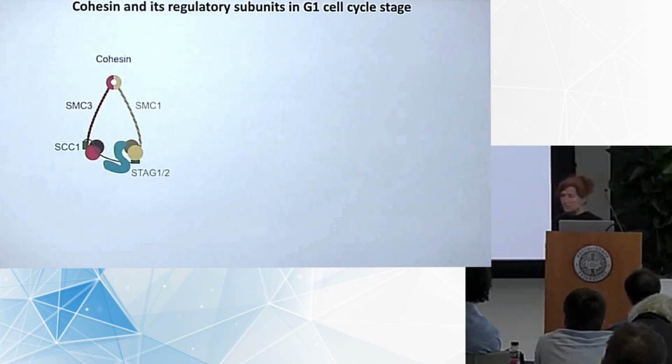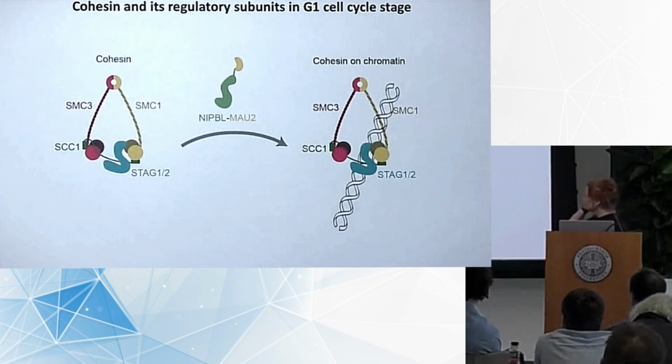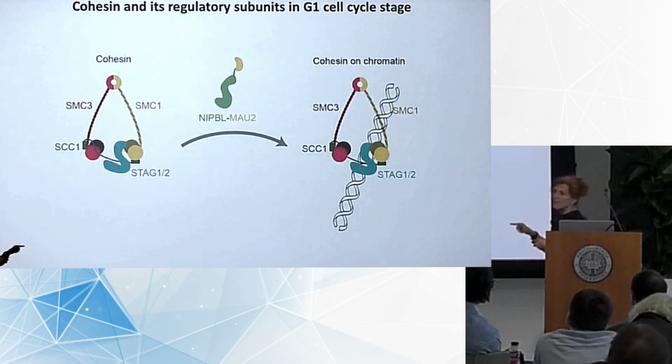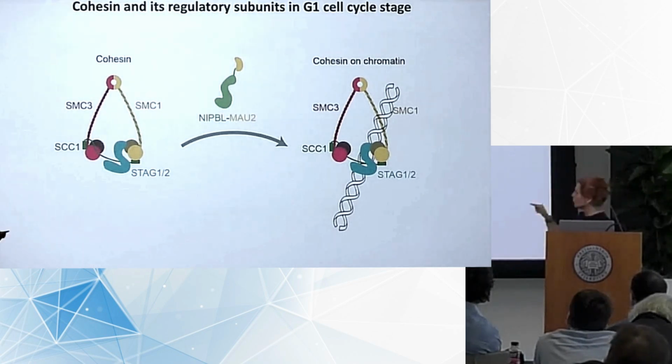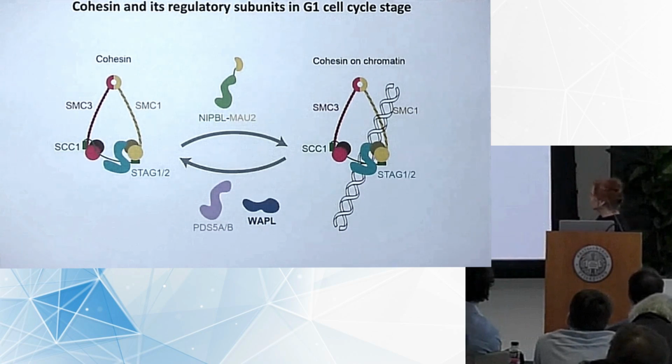Cohesin is a multi-subunit complex composed of SCC1, SMC3, SMC1, and STAG. But there are many regulatory subunits in the G1 cell cycle stage that control cohesin. One very important one is NIPBL, which is essential for keeping cohesin on chromatin, and it's also essential for cohesin to perform loop extrusion. Cohesin can be released from chromatin by two factors called PDS5 and WAPL.